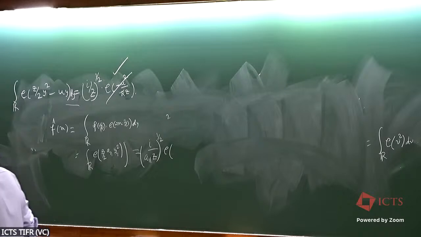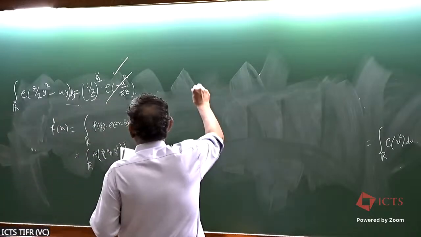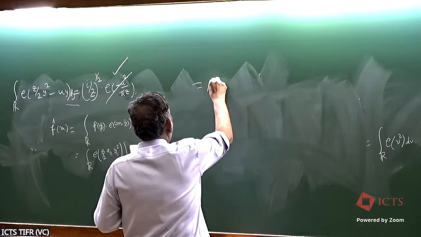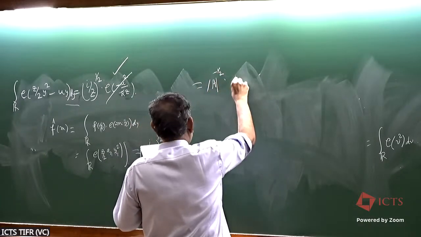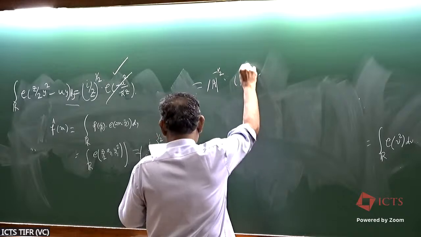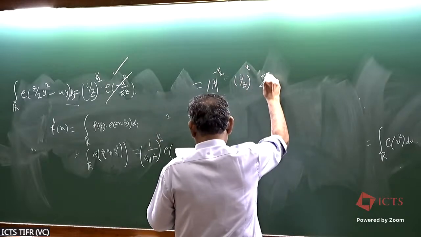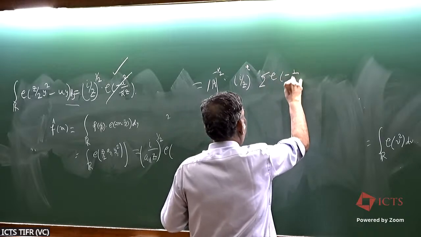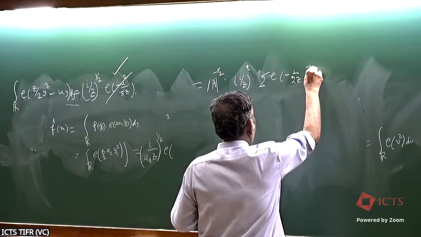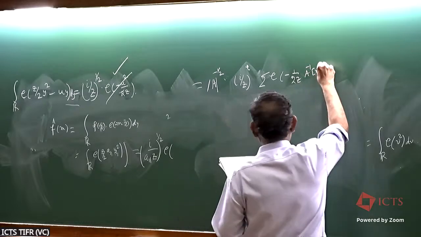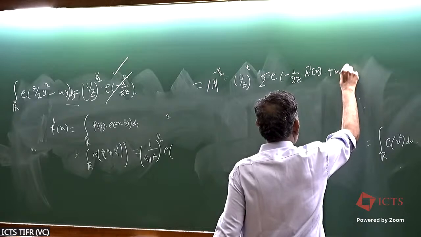I don't think there's anything. Okay, wait. Yeah, the determinant of a power of, anyway, what is it that I have to prove? This is determinant of a power minus half and I over z power k, which is r by 2, and then you have summation e of minus 1 over 2 z, a minus 1 m plus m dot m into x.